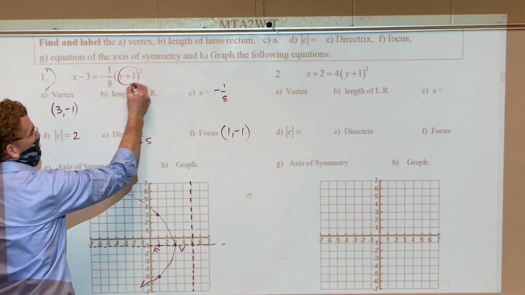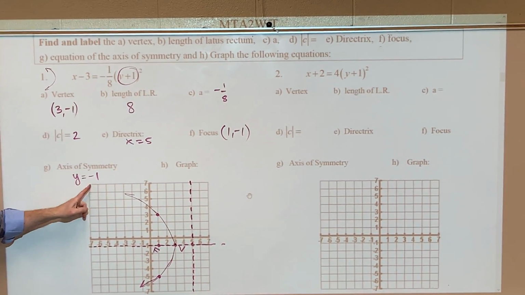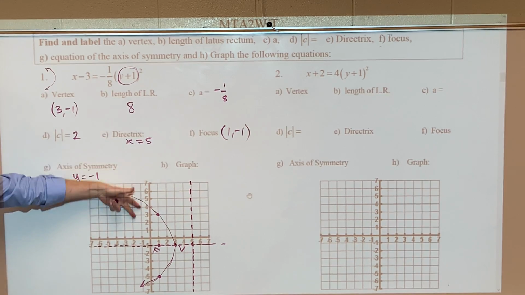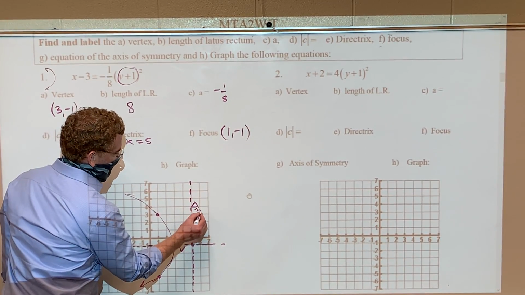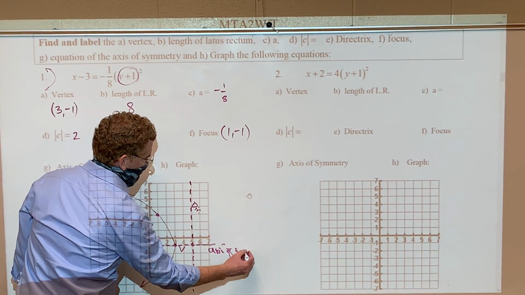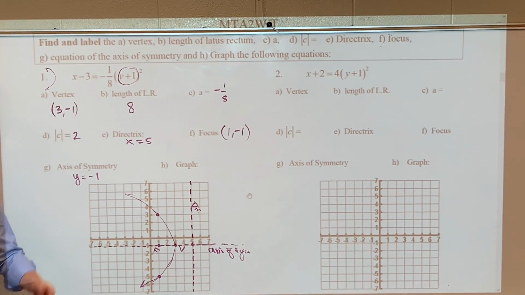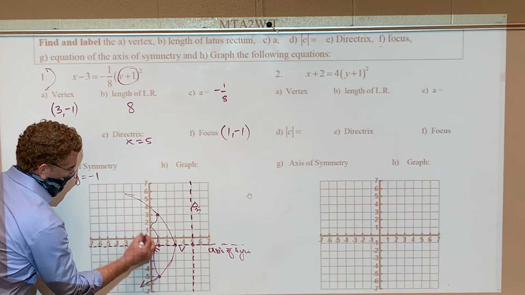But remember, you can always take the part that's being squared, set it equal to 0, and solve, and that's true whether it's x's or y's there. Still, same thing works. And then there's our sketch. And if I was labeling everything, I would label that's the directrix, that's my axis of symmetry, whatever. We good? And I guess I could label the latus rectum too. That's my latus rectum.